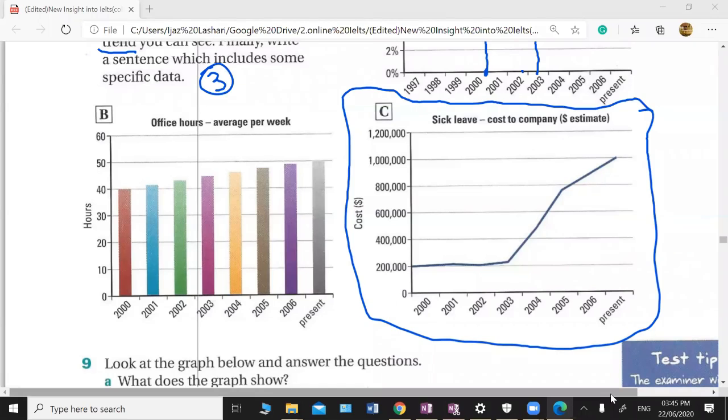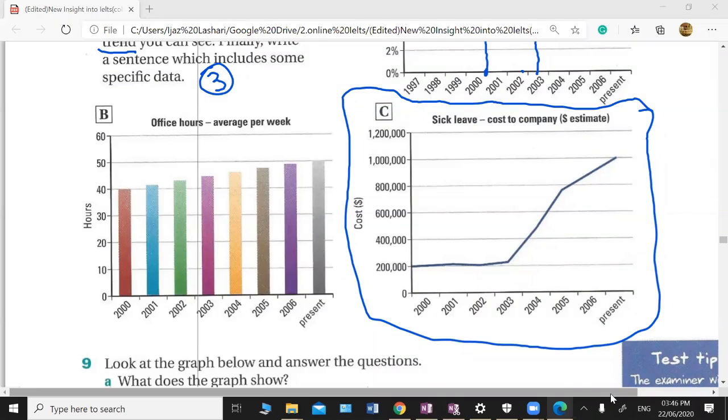Sir, first of all, you should tell me what this graph is about. Sir, this graph is about the sick leave cost of a company, how much the cost is rising from 2002 to the present time, like 2020, right?